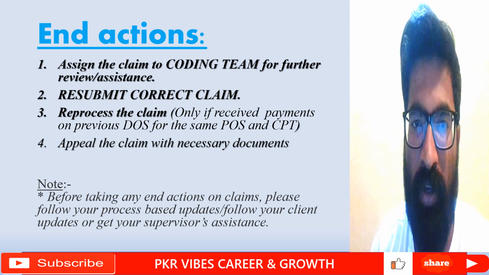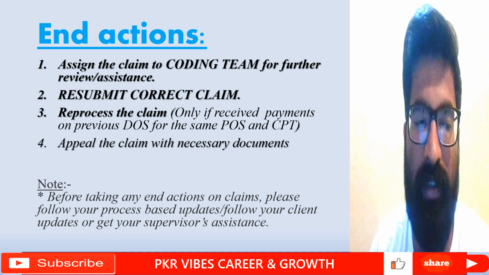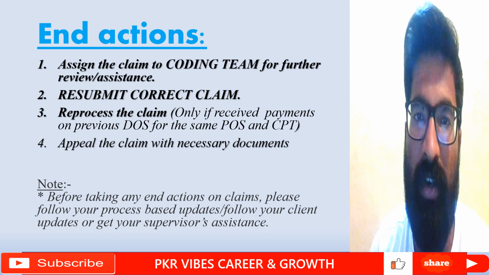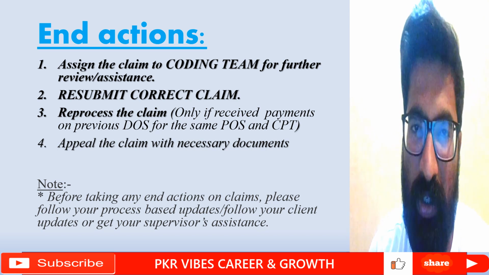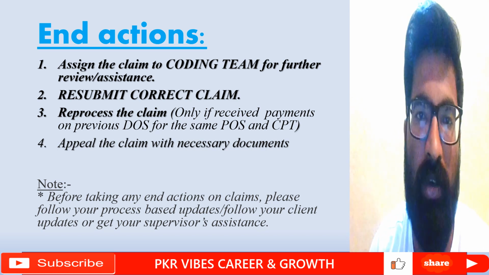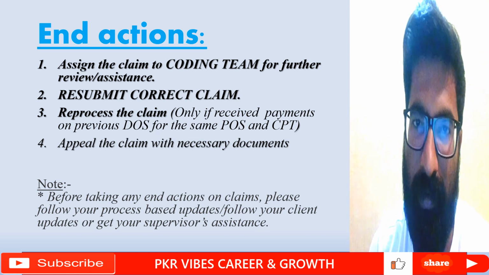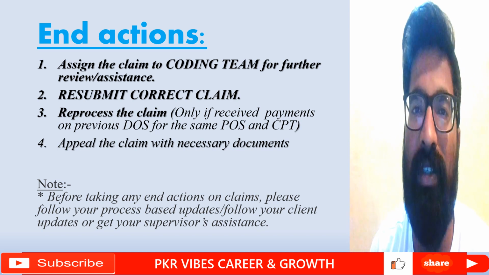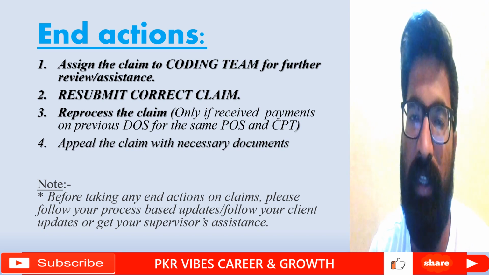Please note that while you submit any corrected claim to the insurance companies, you should submit it along with the original claim number. In box number 23, you can see the original claim number submission. At the same time, you should submit it along with resubmission code 7, also in box number 23.